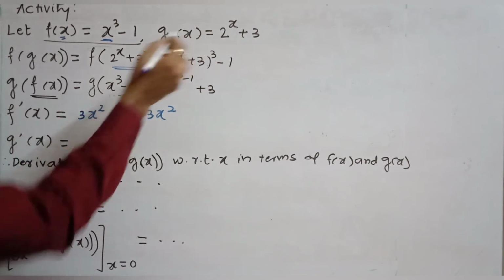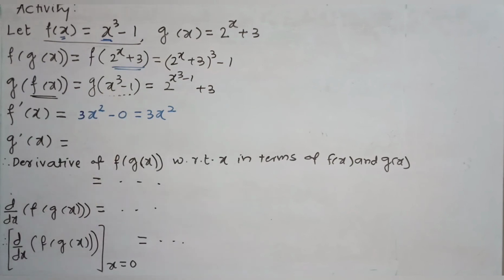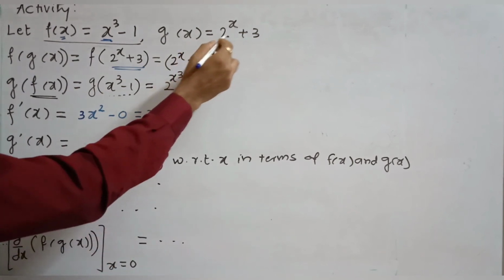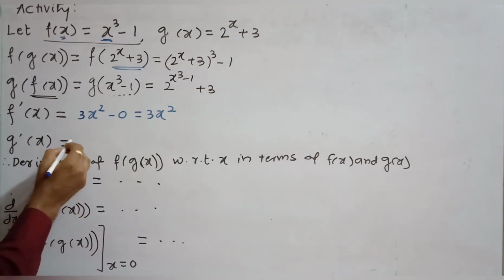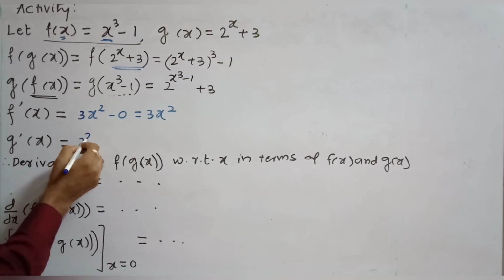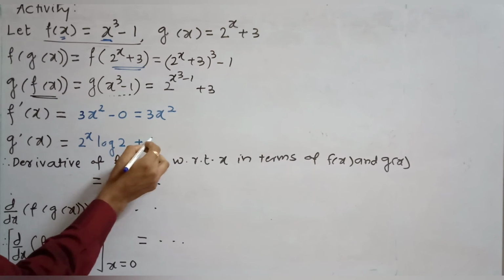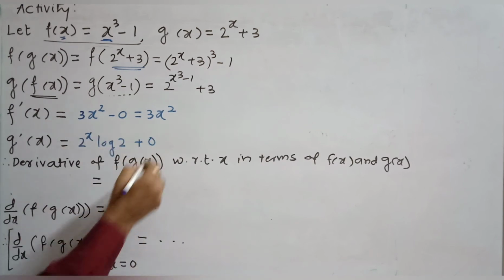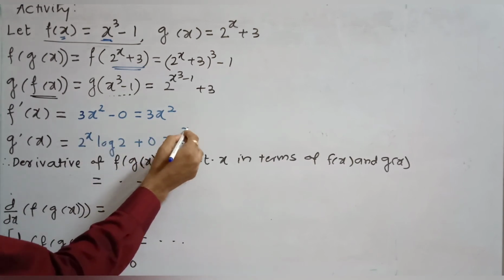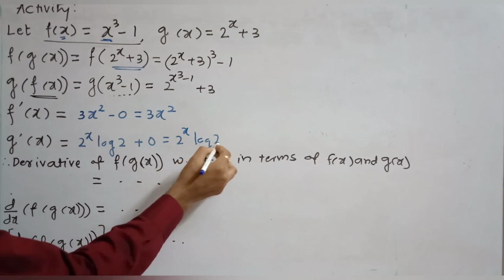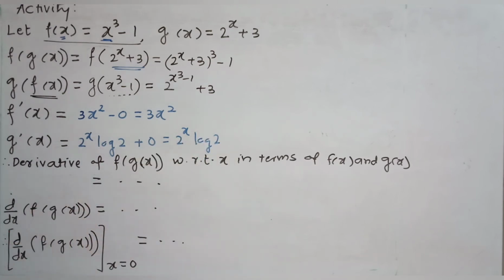This is g of x, so d by dx of 2 raised to x plus 3. d by dx of 2 raised to x plus d by dx of 3. d by dx of 2 raised to x is 2 raised to x log 2, plus the derivative of 3 is 0. So we can finish it as 2 raised to x log 2 only, plus 0 can be ignored.